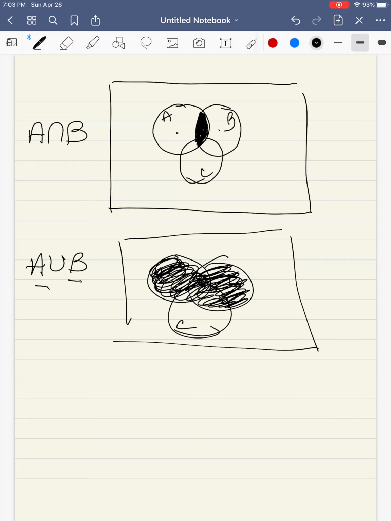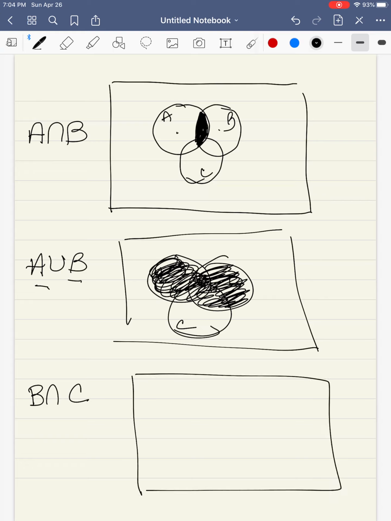All right, so then what if we have B intersect C? So now we don't have any mention of A, so we can ignore it, pretend it's not there. And here we're looking for only the members that are common to both B and C. So that would be this little wedge right here.